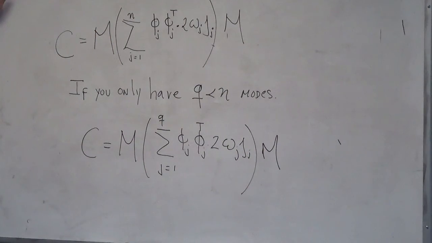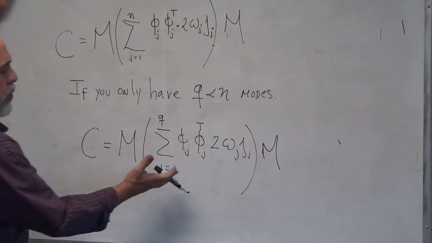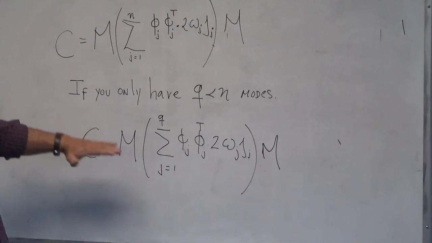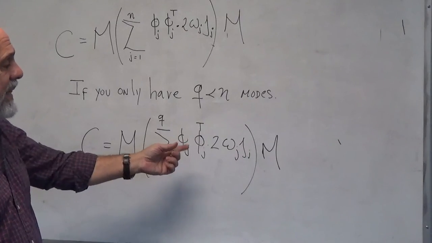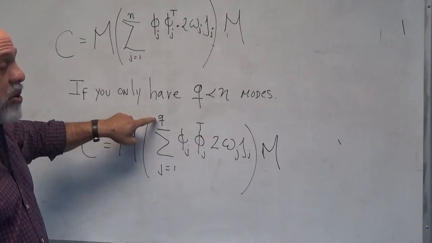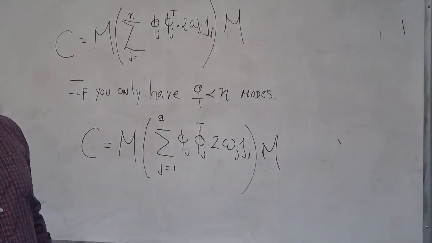Okay? Now, you would say, but what do I get when I do this? Well, if you look at the equations that I just erased, this is equivalent as simply saying that the damping in all the modes that are not in this sum is 0.